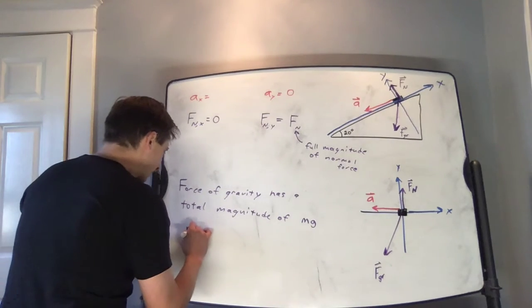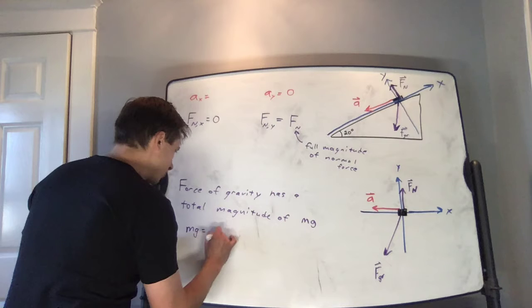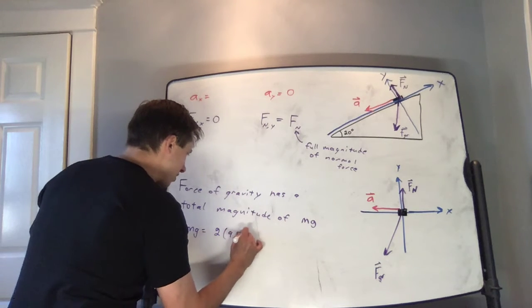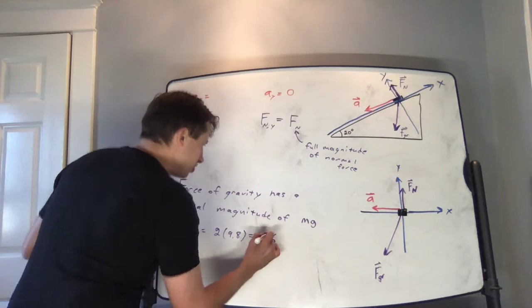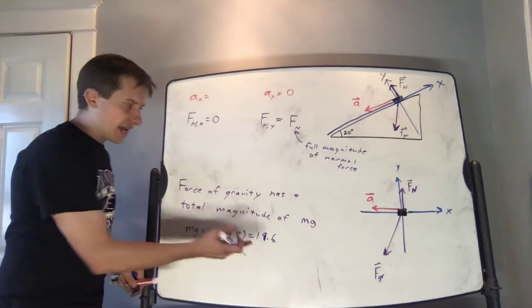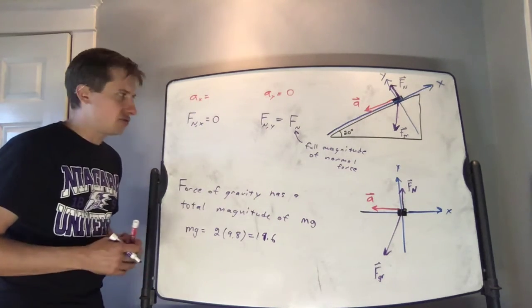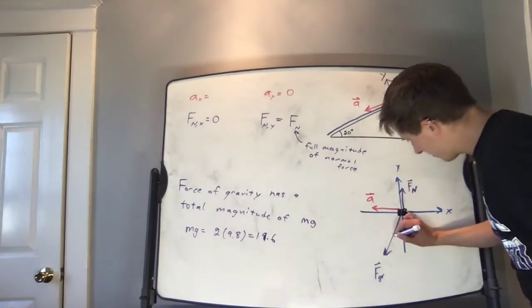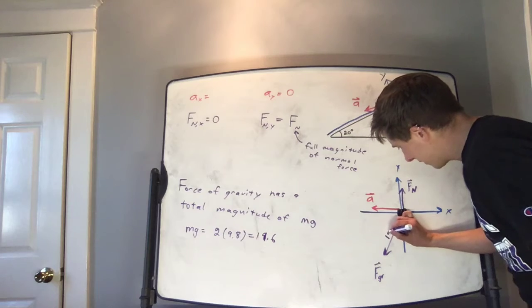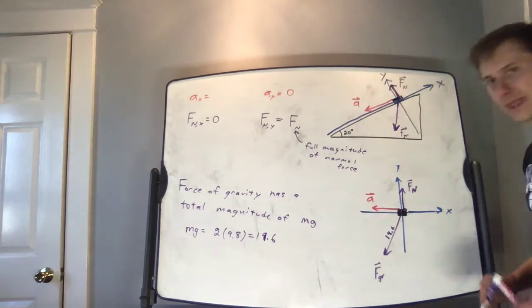So mg is equal to 2 times 9.8, which is equal to 19.6. So the force of gravity has a magnitude of 19.6 newtons. In other words, this vector here has a magnitude of 19.6.